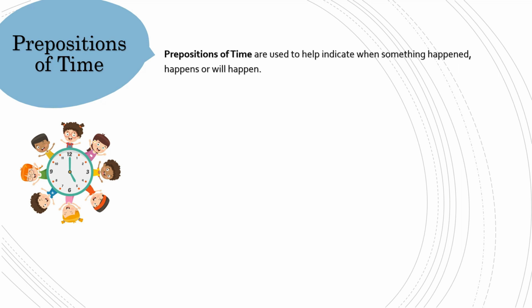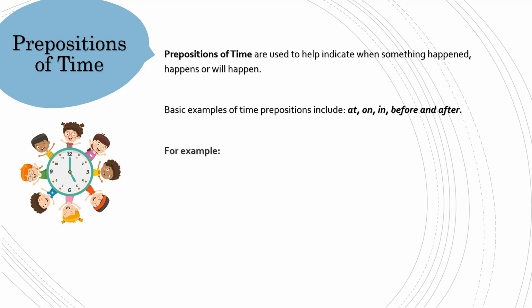Prepositions of time are used to help indicate when something happened, happens, or will happen. Basic examples of time prepositions include at, on, in, before, and after. For example, I work faster at night.